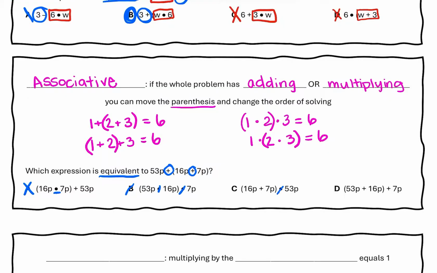C again has another multiplication. No good. D has all adding, so D is our answer. It is that simple. We can't change adding to multiplication, because they all still have a 53, a 16, and a 7. They didn't solve anything, they just moved the parentheses.